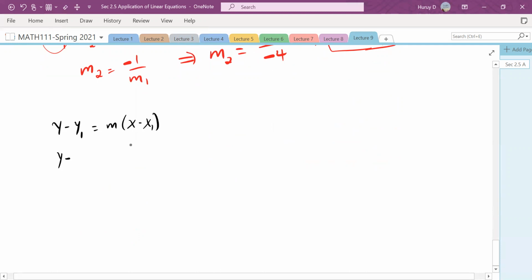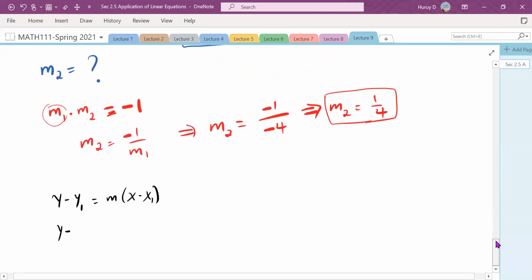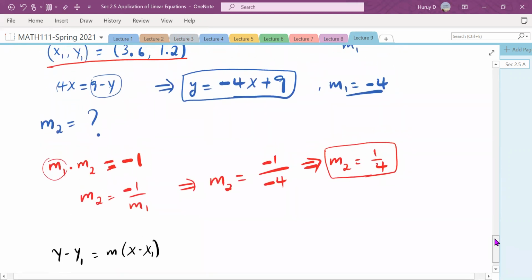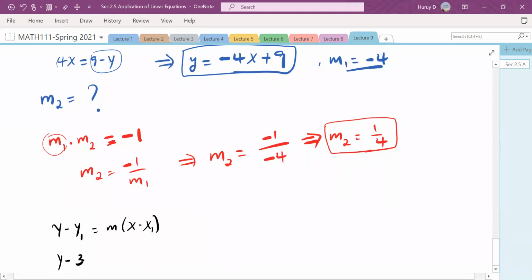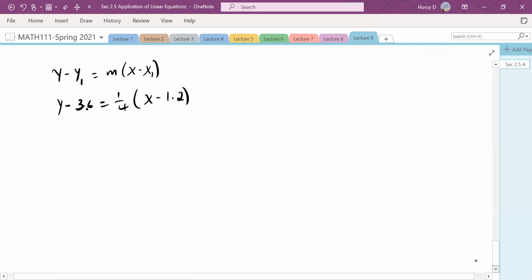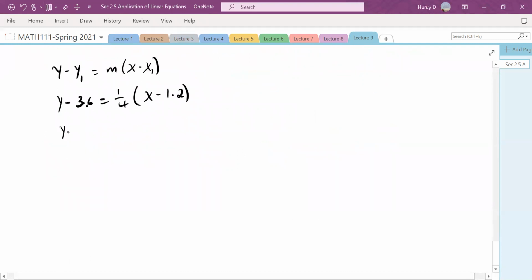So y minus 3.6 equals 1 over 4 times x minus 1.2. If we simplify this, we get y minus 3.6 equals 1 over 4x minus 1.2. This is what? 1 over 6 over 5, I guess.